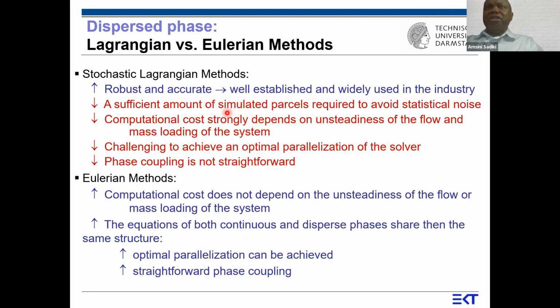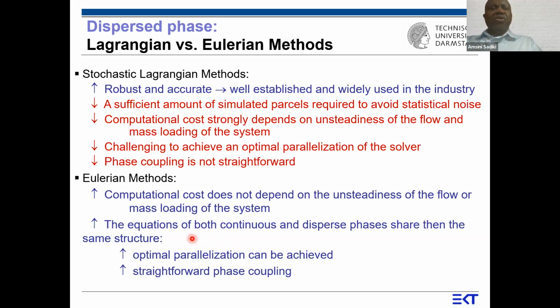I will show you that the classical Eulerian cannot do it, but improvements are now in the literature, and we have the so-called multi-fluid method, which allows us to get the polydispersity, but it is still limited.